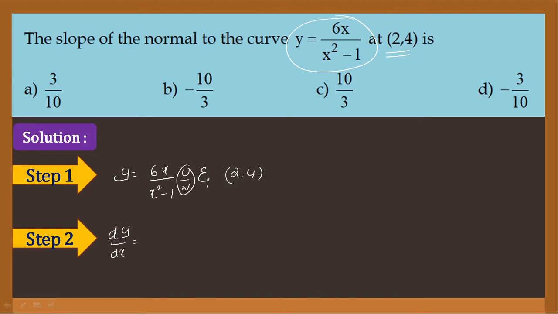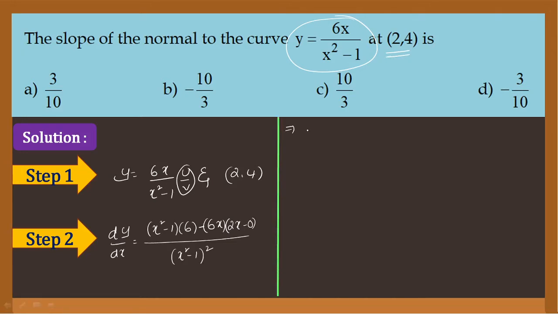So, applying the u by v method, v into, that is (x square minus 1) into differentiation of u, that is d by dx of 6x, which is 6, minus u into, that is 6x into d by dx of v, that is d by dx of x square, which is 2x, minus d by dx of 1, which is constant 0, divided by v square, that is (x square minus 1) whole square.